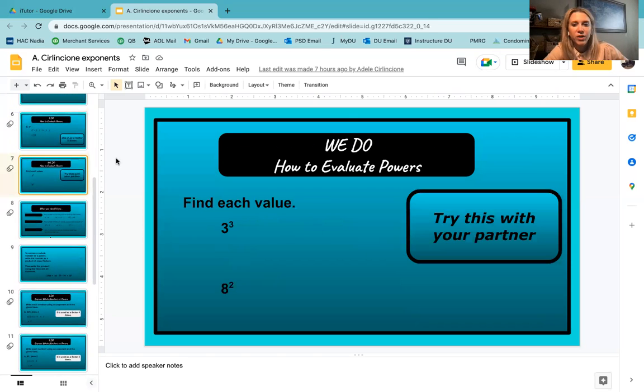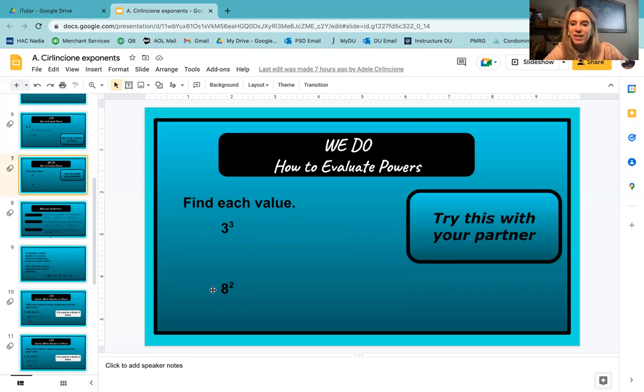Let's try some with your partner. Okay. Try this. Find each value. We have 3 to the 3rd power. You can also read that as 3 cubed, or 3 to the power of 3. And then you're going to try 8 to the power of 2. You could also say this as 8 to the 2nd power, or 8 squared.